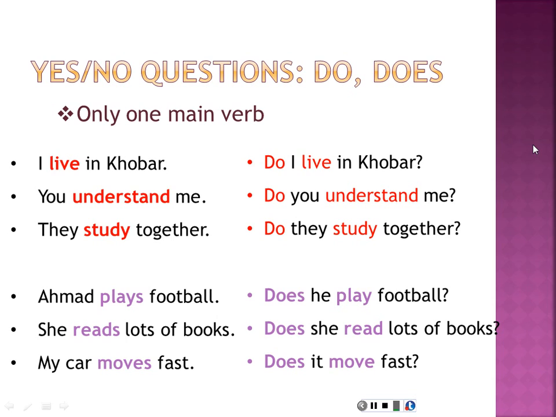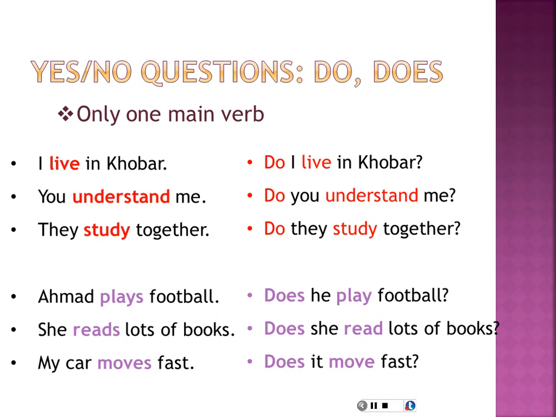So now we learned how to make yes no questions in the present simple. So we make yes no questions using verb be, or using do or does. When do we use verb be? We use verb be only when we have a verb be in the sentence. For example, he is a teacher.